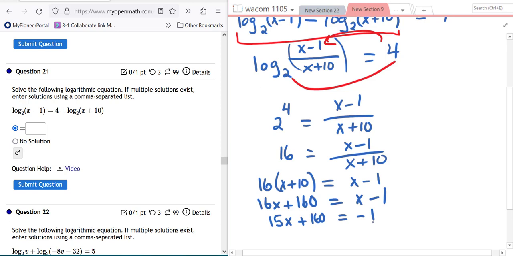And I need to move the 160. So, sorry, just give me a second here. So I'm going to subtract the 160. I had an error when I worked this before, but I didn't catch it.